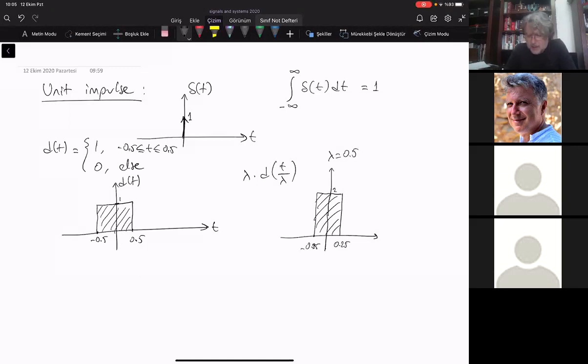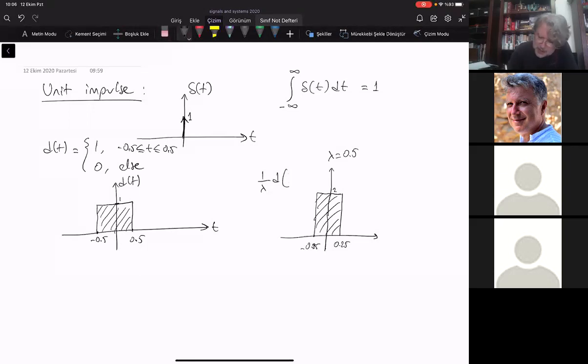Okay, so there seems to be a confusion on my side, not your side, regarding the definition, because the definition should also change. So I'm correcting it. It is 1 over lambda d of t over lambda, let me put it that way.